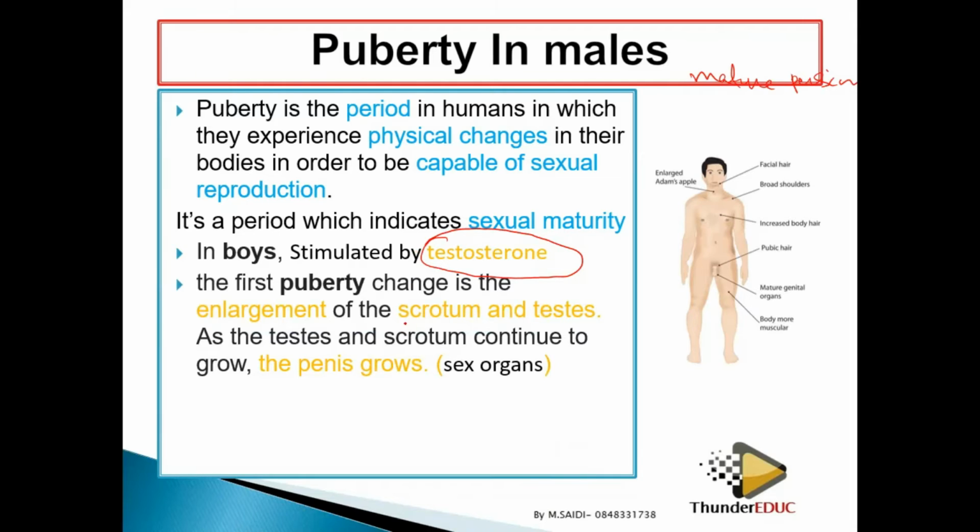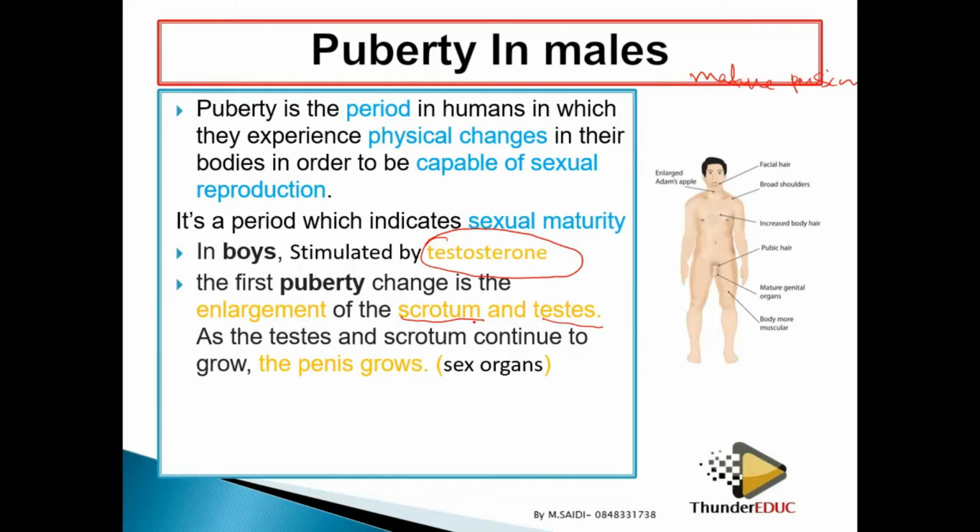It means that now the testicles are going to become big. They are starting to become big. If you compare your testicles before, when you were still young, and now, you find that those testicles are too big. They start to enlarge because of the testosterone being produced, so that these testicles can start to produce sperms.